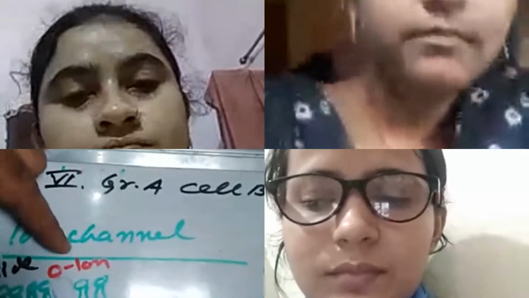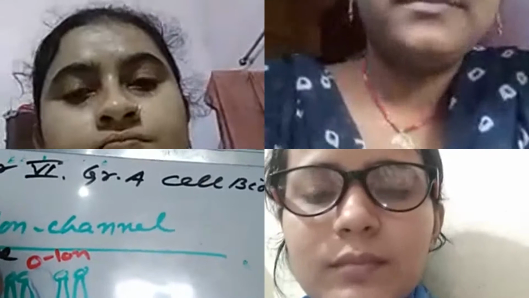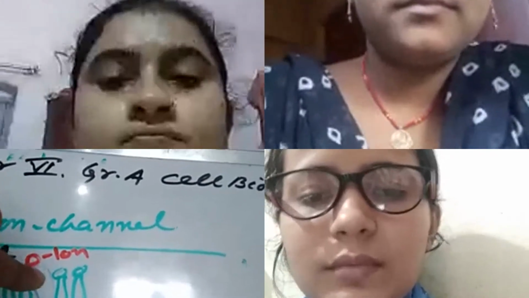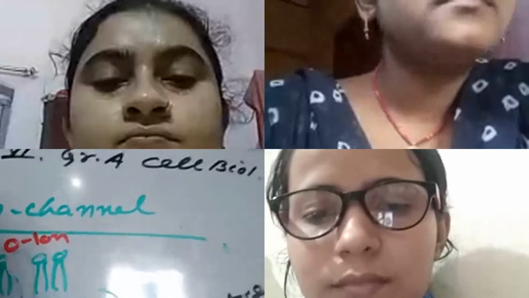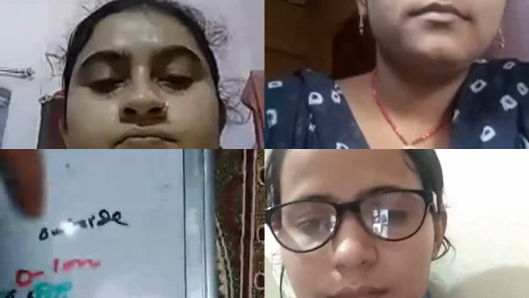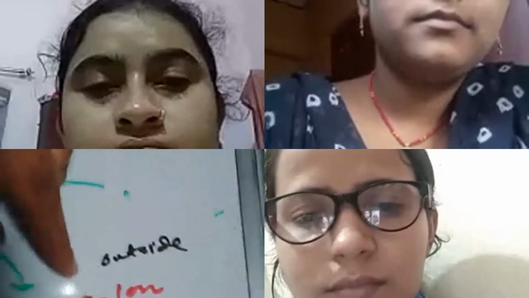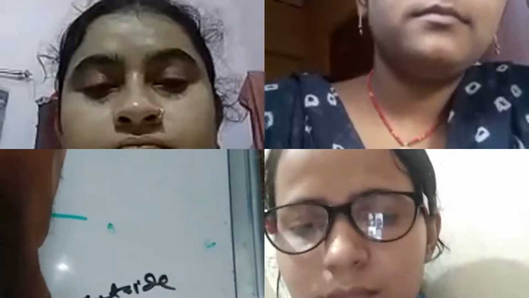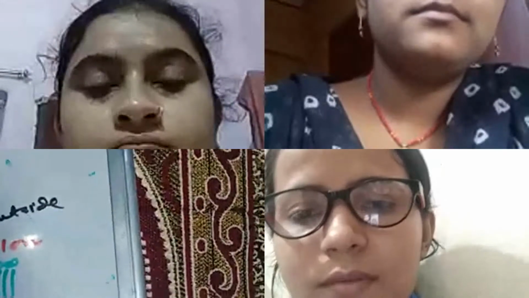Here, this is an ion present outside the cell, and this ion is to be transported inside the cell. How will it get transported? This is the ion channel, and this ion channel remains closed at first. In the second step, this ion channel becomes open, and the ion present outside the cell moves across the open channel.